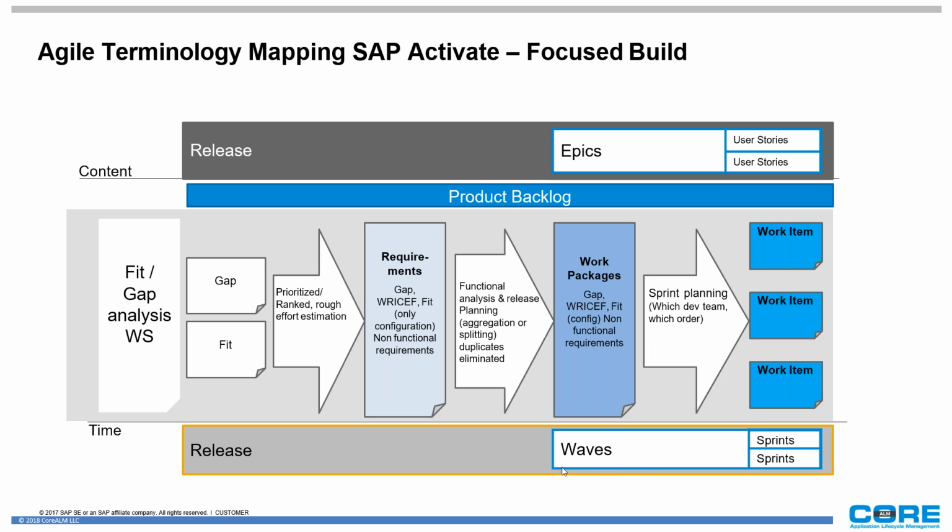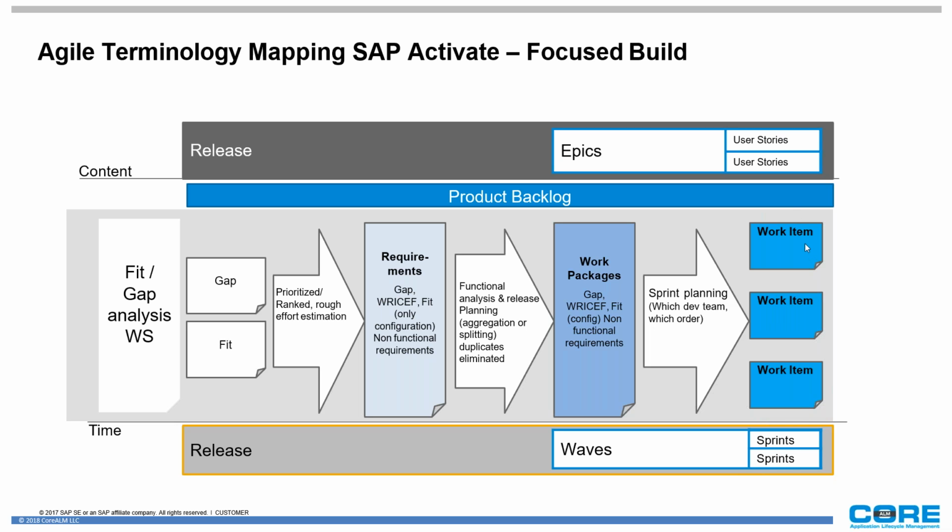And all of these work packages are going to be assigned to waves. And if you're using Jira, or for example Azure, then any work packages will be mapped to a feature or to an epic of Jira or Azure. And then when you have your sprints, you can have multiple sprints within a wave.